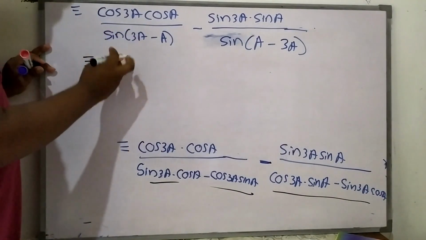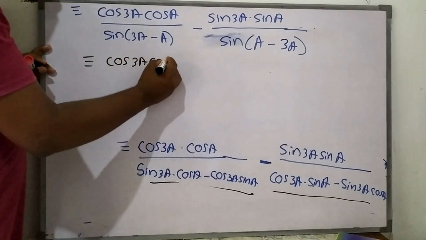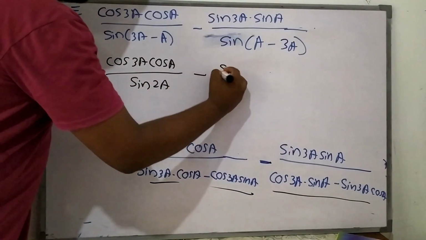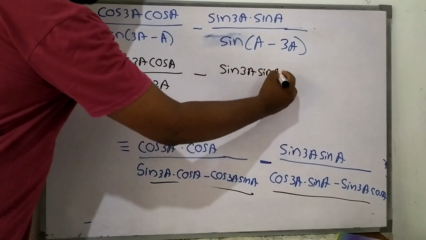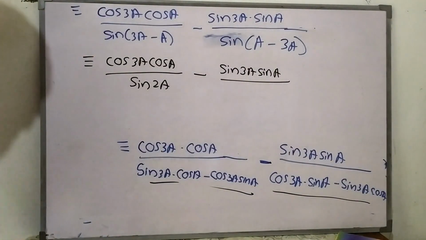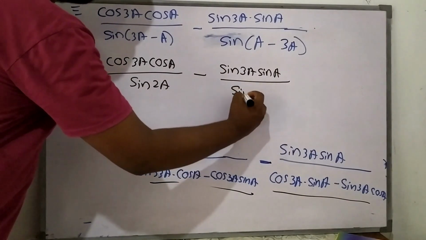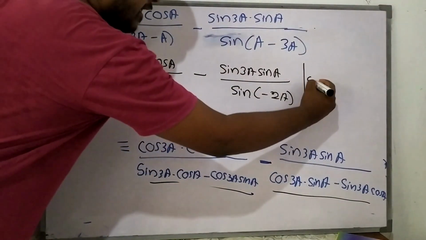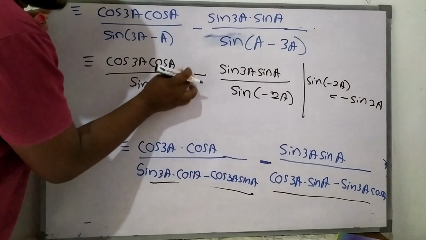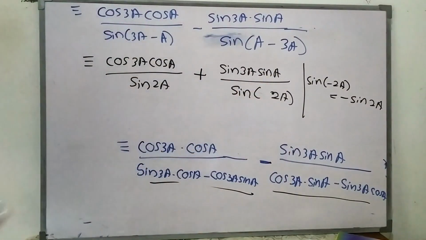So this is cos 3A cos A sin 2A, and also sin 3A sin A over sin minus 2A, which is equal to minus sin 2A. So this sign is changed to plus.